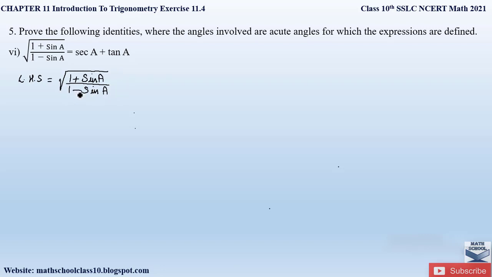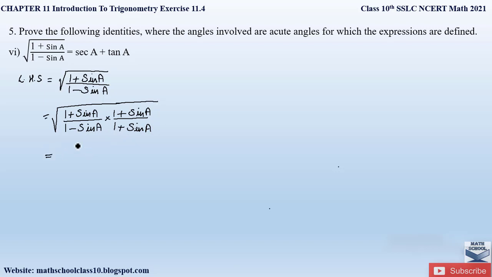Here we have 1 plus sin a divided by 1 minus sin a. Since it is minus here, we will multiply and divide by 1 plus sin a. This is how we rationalize any given fraction so that it becomes easier for us to remove the square root term.